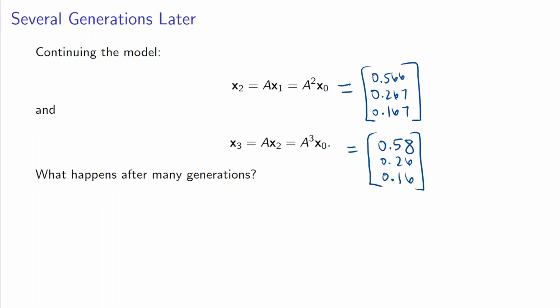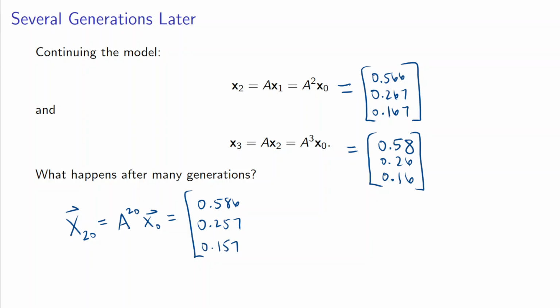What happens after many generations? We could keep going or use our calculator to find higher powers of this matrix. We could see, for example, x20, so 20 generations later, would be A to the 20th x0, and that would be 0.586, 0.257, 0.157.